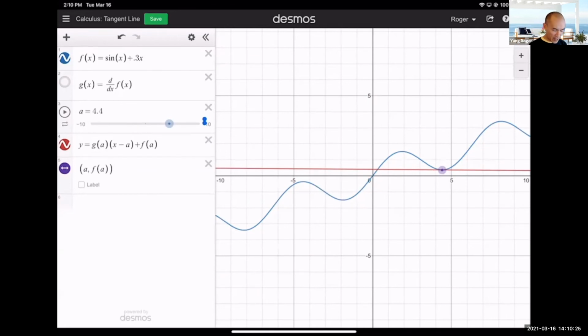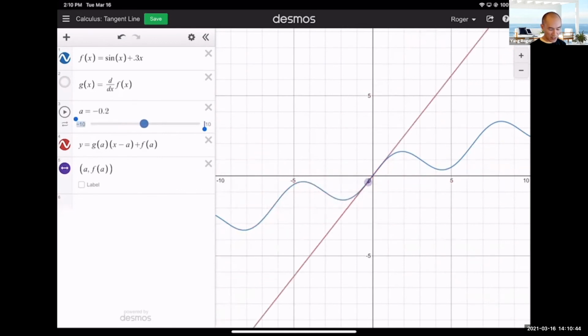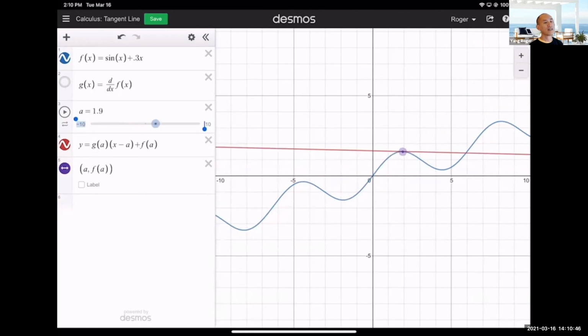If I keep going, I hope you can imagine at the top of this hill. Oh, I guess it looped around. At the bottom of this hill, it's also 0. At the top of this hill, the slope is 0. At the bottom of this hill, the slope is 0. So there's a pattern here.